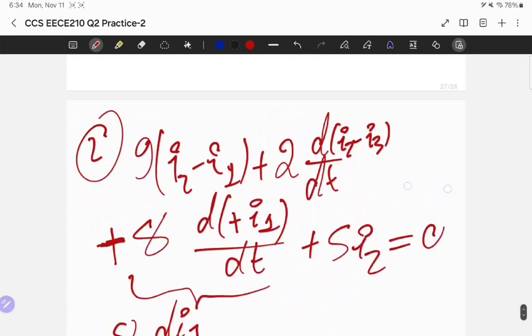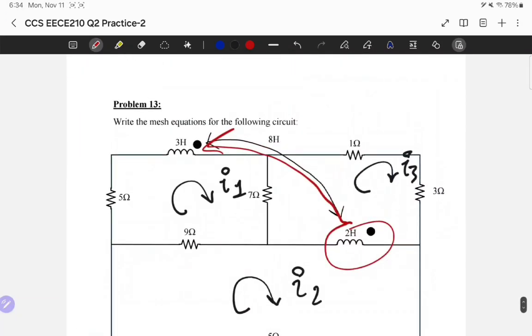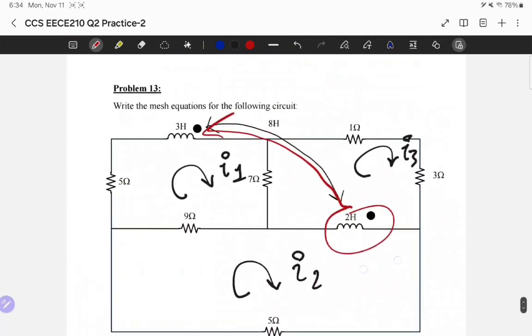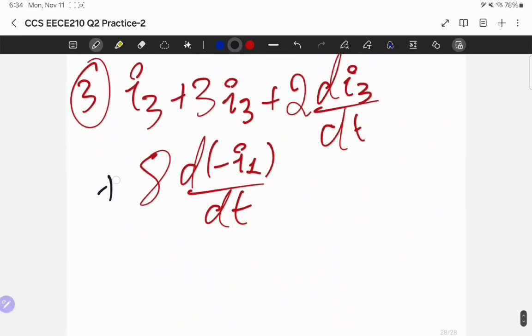Now I need to decide on the sign. Since I chose the current to be flowing into the dot of the 3 Henry, I put a plus sign at the dot. And by the direction I'm taking the KVL along I3, I hit the dot first. I hit the plus sign first. So plus.